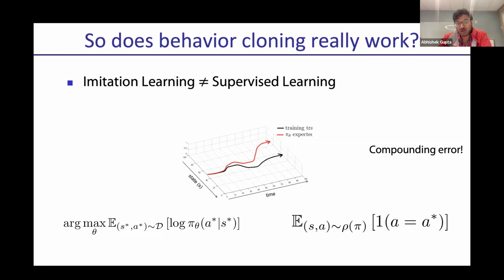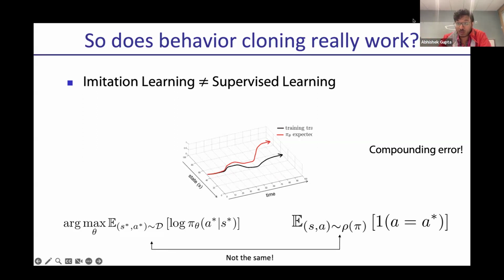So the issue is that your training data is under the expert distribution, D here, and your policy is being evaluated by executing under itself. So you have this issue of compounding error, where small amounts of error compound as you go longer and longer in the horizon. Right? So that is the primary challenge, if you will. Everyone with me on that front?